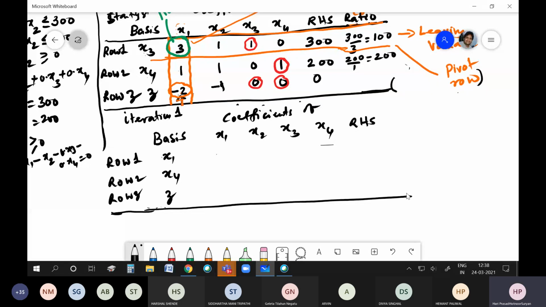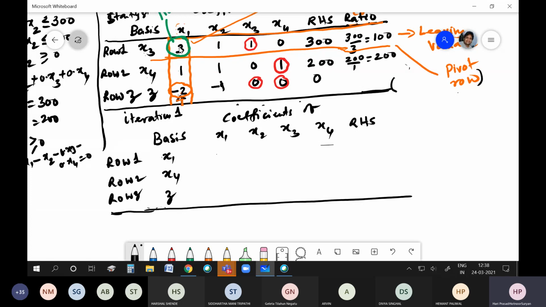Each basic variable should appear in one constraint only with coefficient 1, and in the rest of the constraints it should have 0.